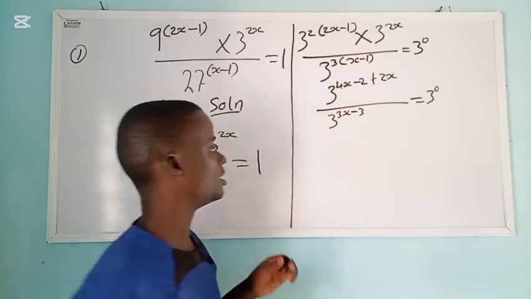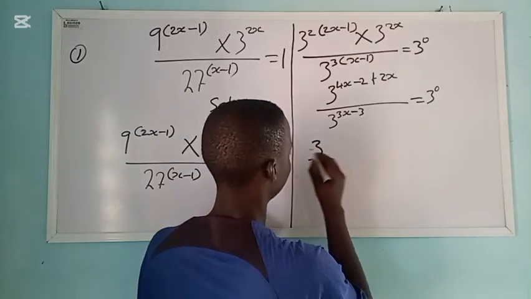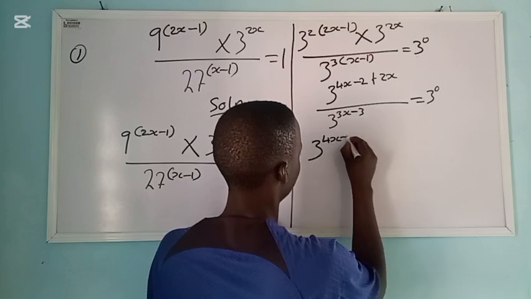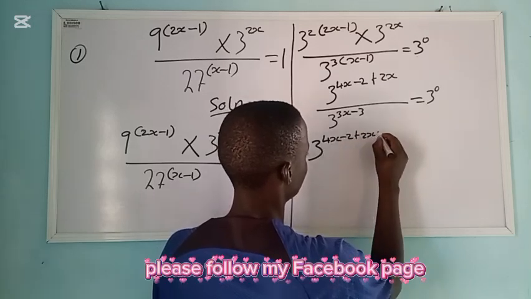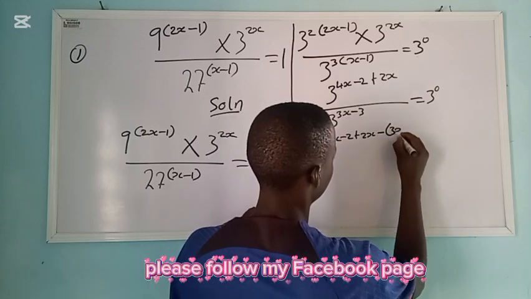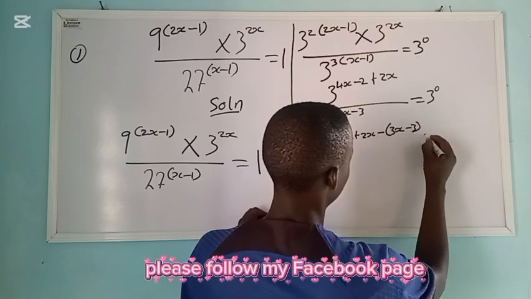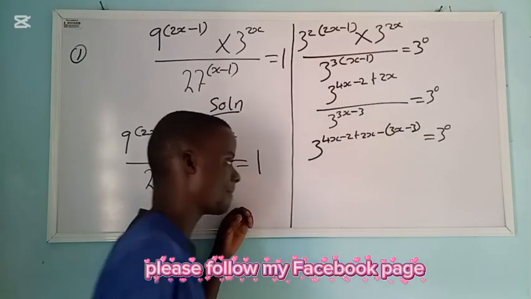So what you will do here is that you pick one base, which is 3, raised to the power of (4x minus 2 plus 2x) minus (3x minus 3), close the bracket, is equal to 3 raised to the power of 0.